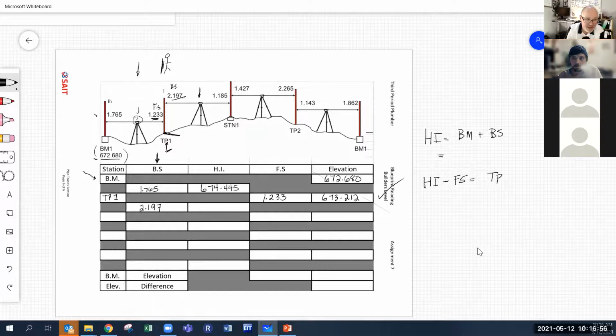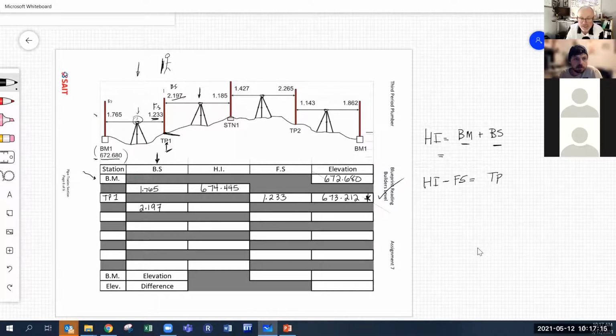And with that number, we can determine the height of the instrument by taking the benchmark plus the back sight. So our new benchmark is right here.